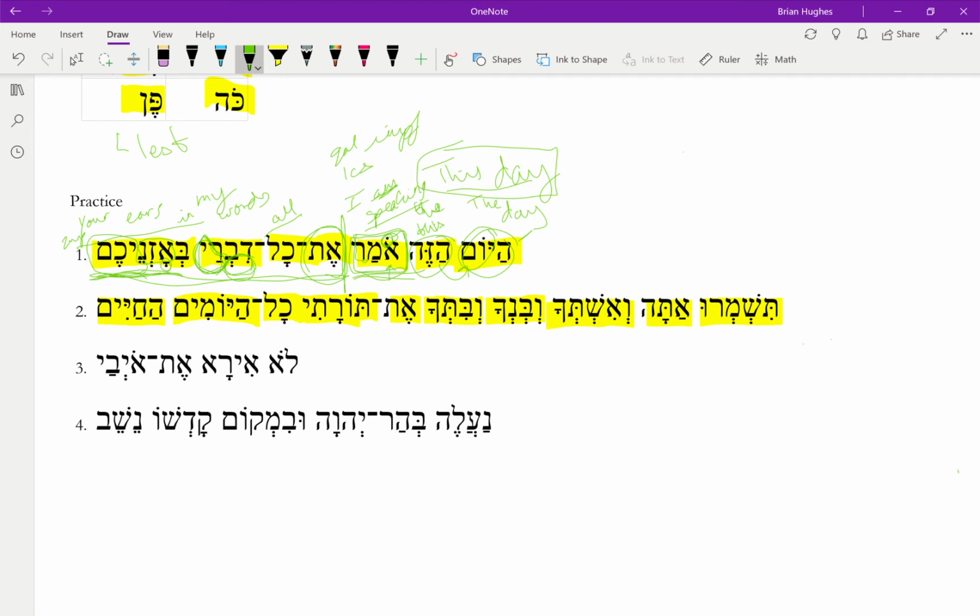Woo! This is a good one. So here we have our verb, and here we have our definite direct object marker. In between the verb and the definite direct object marker is our subject. And we can already see this is going to be a bit of a doozy. But in between the verb and the direct object marker is the subject. So remember that.